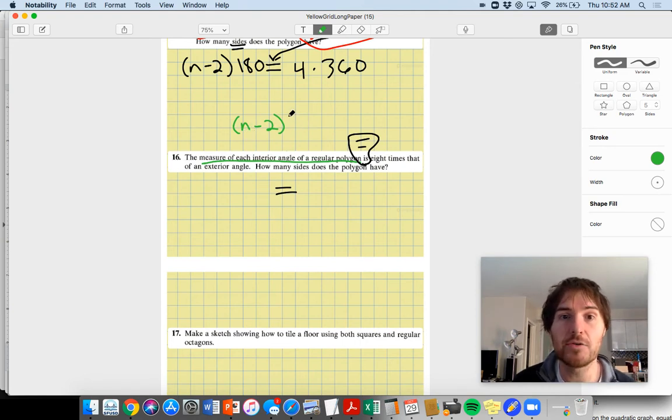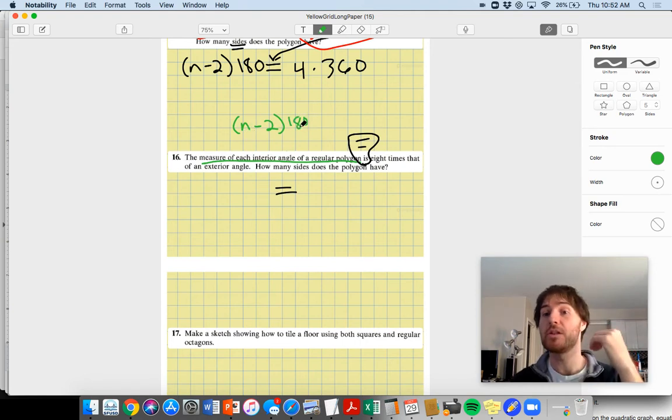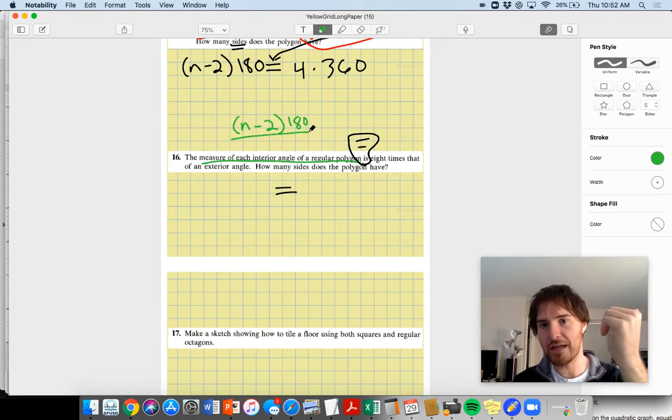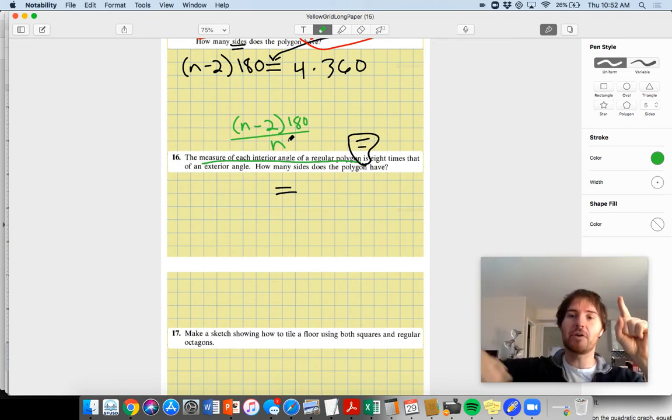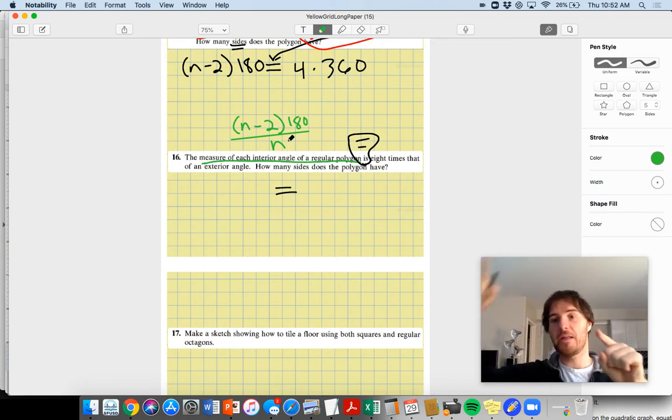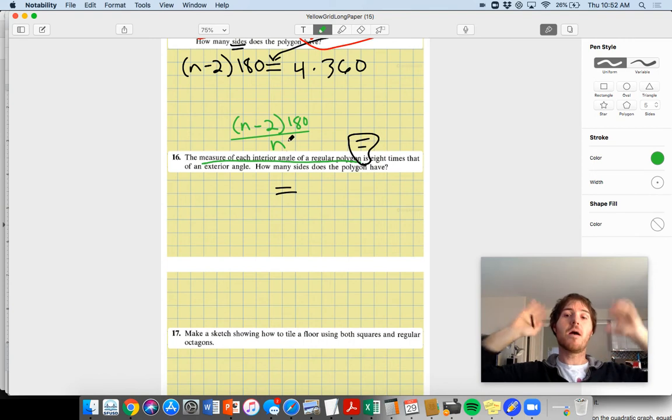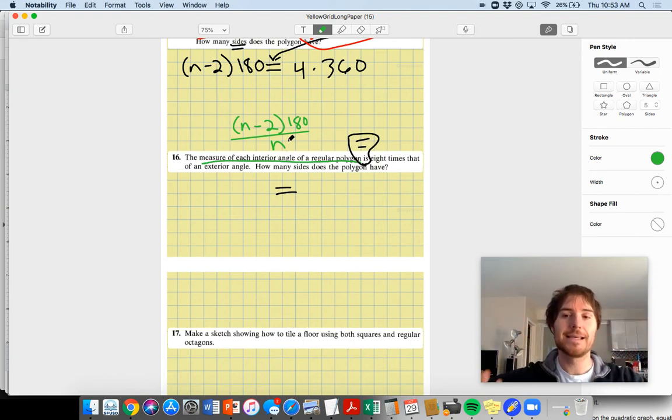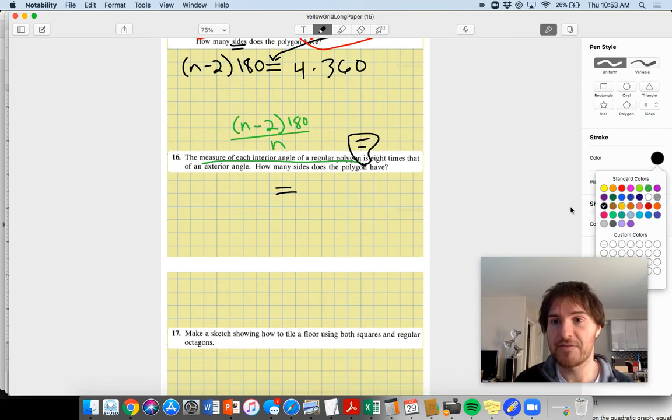So n minus 2 times 180 is the formula for the interior angle sum. We don't care about the sum. We care about each angle, of which there are n angles, okay? The number of angles in a convex polygon is the same as the number of sides that polygon has. So I'm going to do n minus 2 times 180 over n as my left side of the equation.